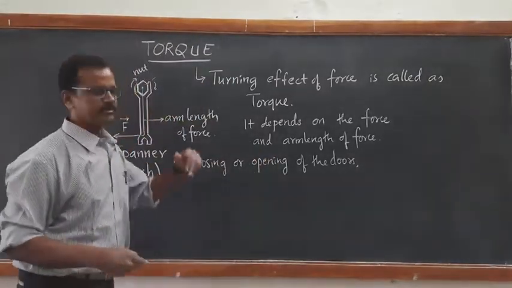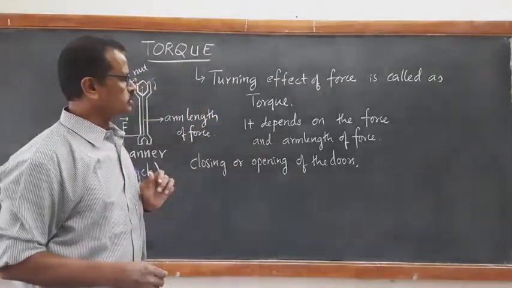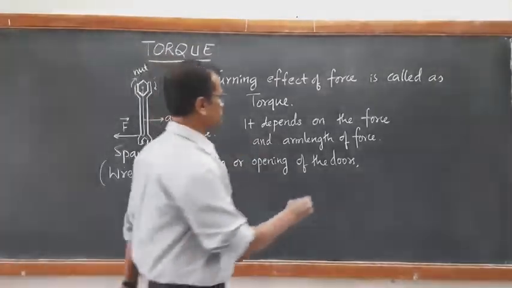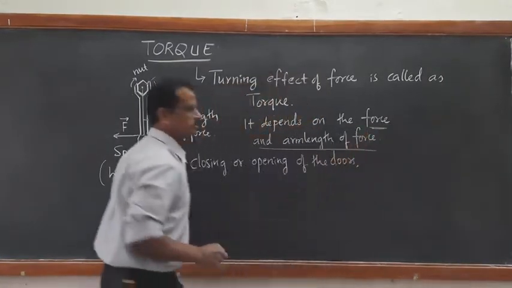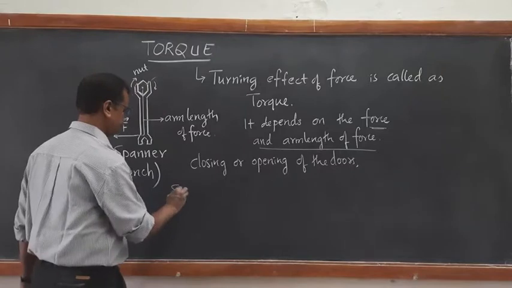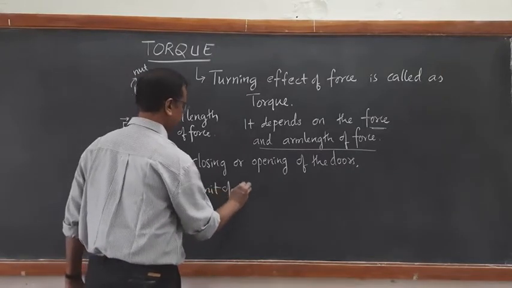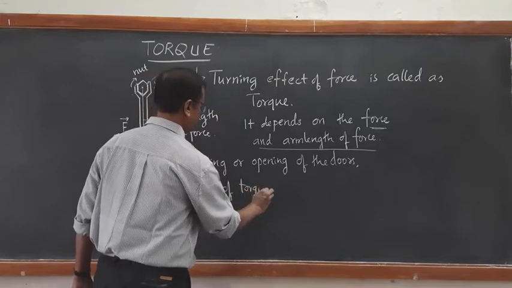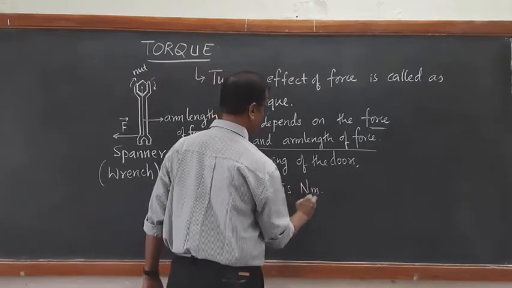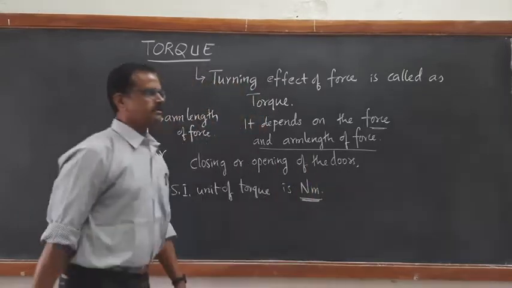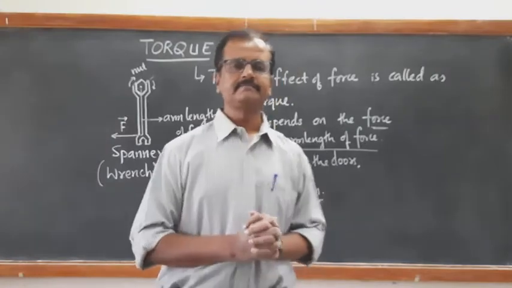Opening and tightening of a nut, there we require torque. So the torque depends on force. The torque depends on arm length of force. So the SI unit of torque is Newton meter. We have already learned Newton meter is the SI unit of work done.